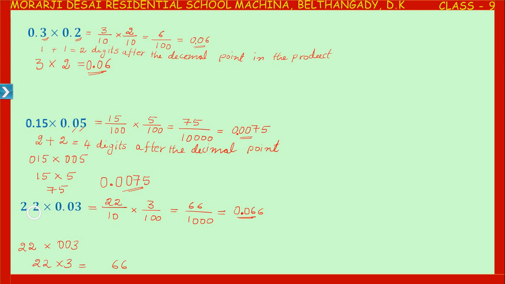That is according to the number of digits after the decimal point in the numbers to be multiplied. In 2.2, 1 digit after the decimal point. In 0.03, 1, 2. 2 digits after the decimal point. So 1 plus 2 is equal to 3. That is 3 digits after the decimal point in the answer.